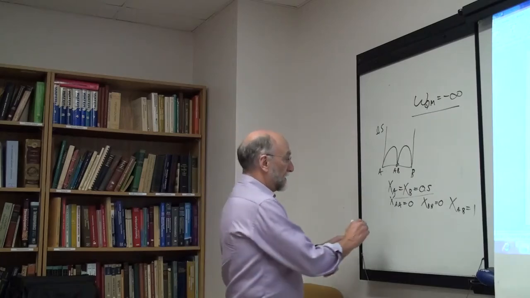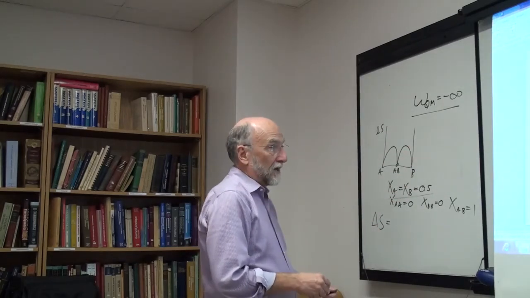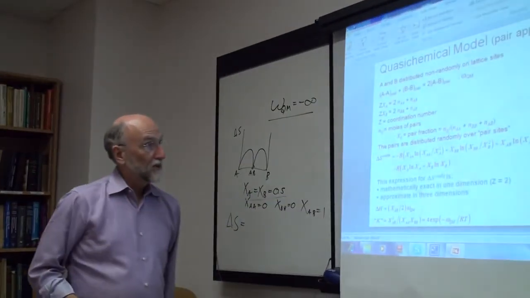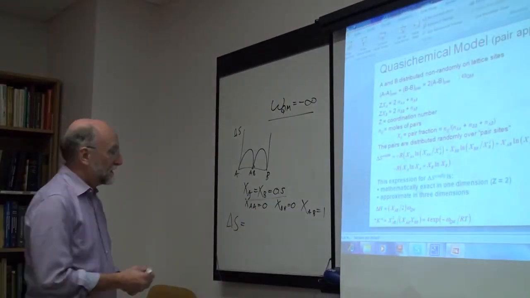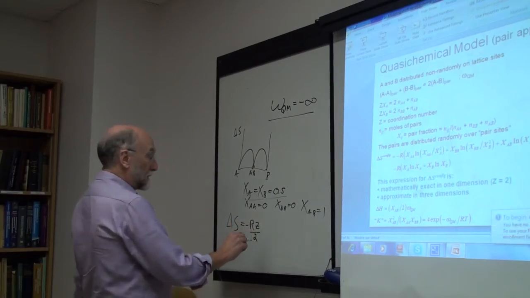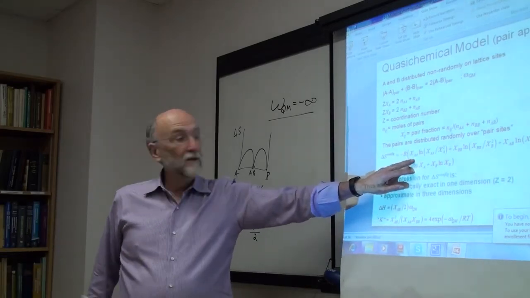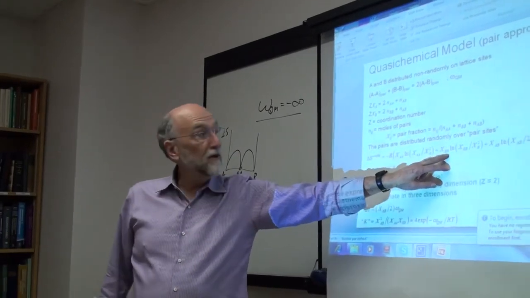Let's calculate the delta S from this expression. Once again, there's supposed to be a Z over 2 in front of this. So it's minus R Z over 2. The first term will be 0 because XAA is 0. The second term will be 0 because XBB is 0.